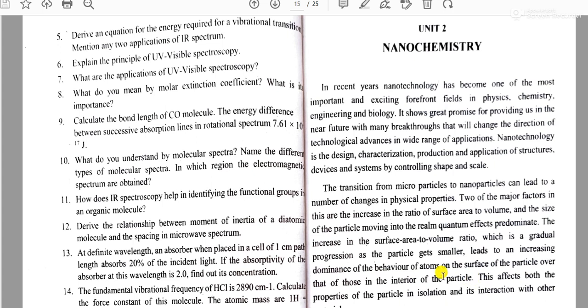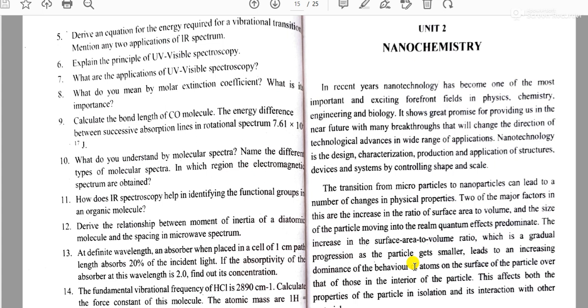So when the surface area to volume ratio is increasing, it means the number of atoms on the surface will be more than inside the material. If you take a bulk material, a particle with very large size, there will be more atoms inside the bulk and fewer atoms on the surface.